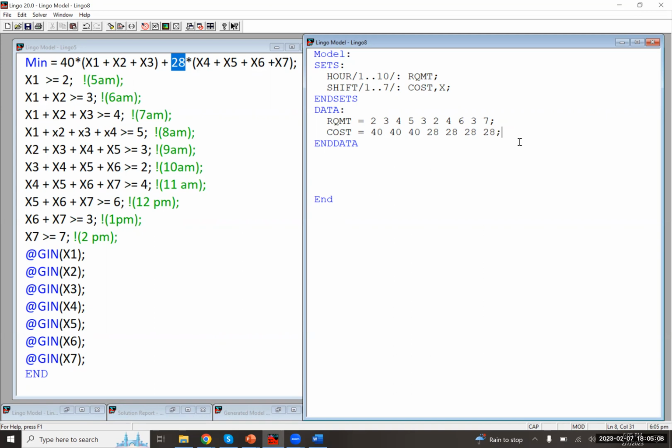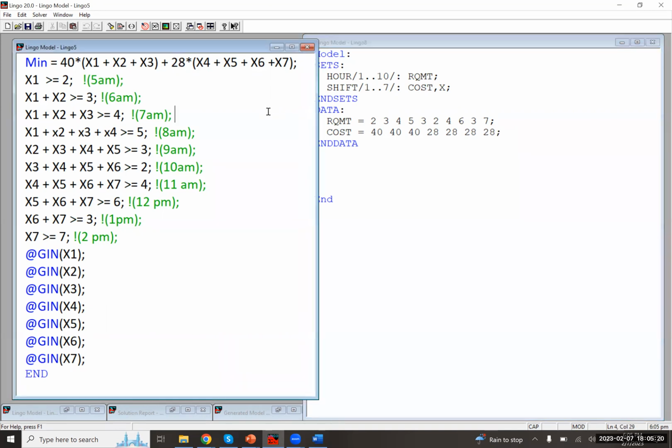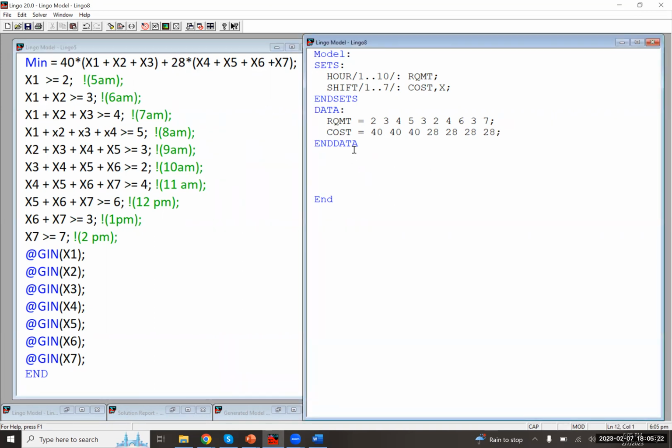Okay, so next, we'll create the objective function right here, by summing the product of cost and the number of workers starting work each hour.